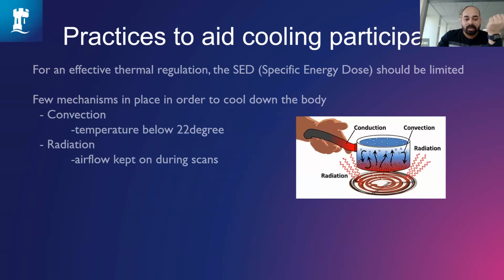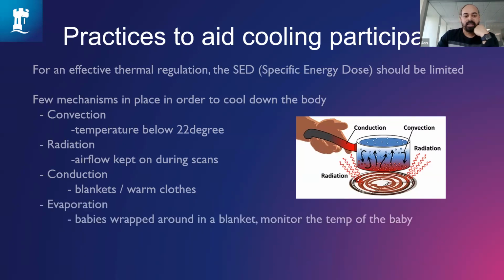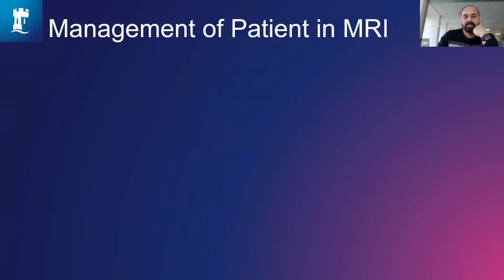We should allow radiation, so let the airflow in the bore of the scanner, and make sure that conduction isn't too much. So provide blankets and warm clothes to the subject to make sure that it doesn't get them really cold in the scanner. And evaporation: babies should be wrapped in a blanket and have their temperature monitored.